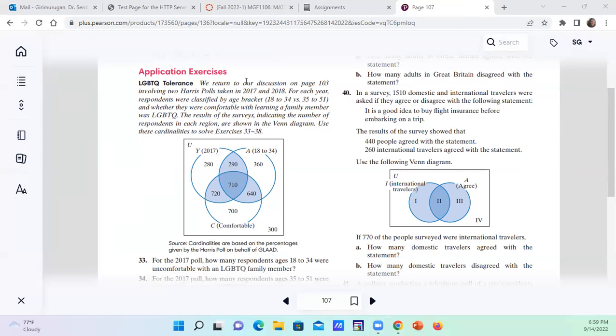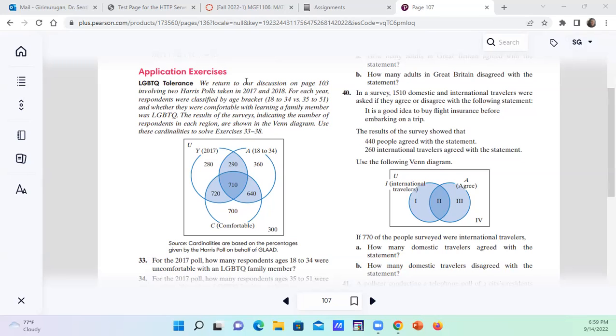And for each year, respondents were classified by age bracket, 2 age brackets, 18 to 34 versus 35 to 51. And whether they were comfortable with learning a family member was LGBTQ.